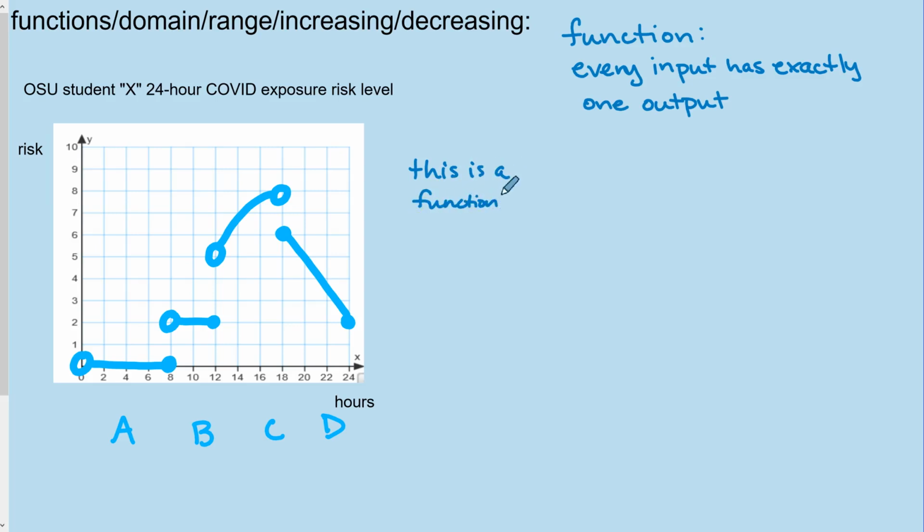Okay. Its domain is the set of real number inputs. When we talk about domain and range, we talk about real numbers. Real number inputs that have real outputs, or that correspond to real outputs.